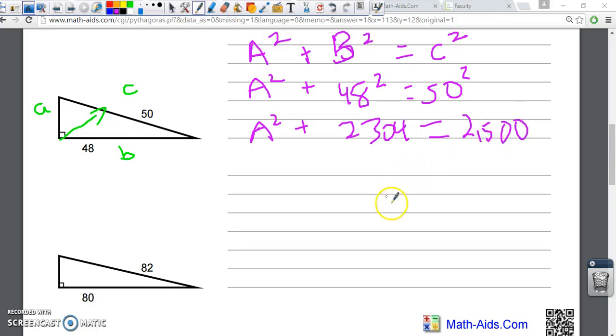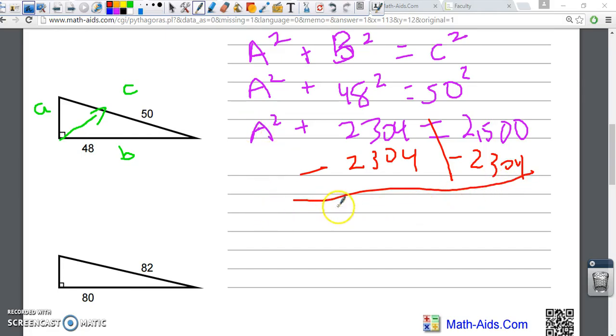Okay? So now I need to get A on this side of the equation by itself. So again, for when the side A is missing, you have to do the equation thing. I'm going to take out 2,304 from this side, take out 2,304 from this side. When I do that, this comes back down, A squared, that canceled out, and then I do the math over here, which will give me 196.